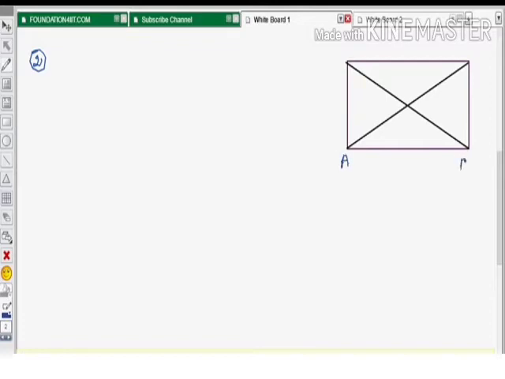ABCD is a rectangle, and the diagonals intersect at O. Angle OAB is 32 degrees.